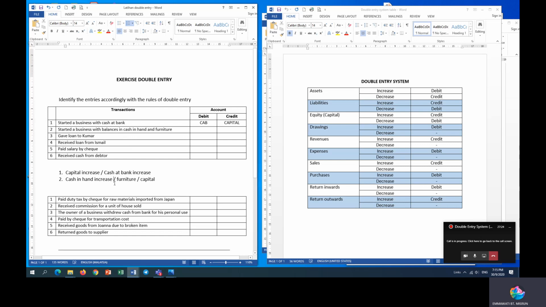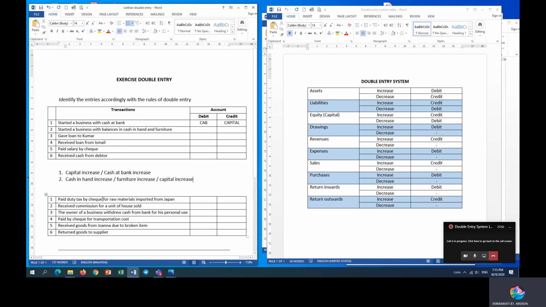Jadi bila awak nak rekodkan catatan pada bulan Februari daripada baki-baki tersebut, maka ia menyebabkan cash in hand awak bertambah, increase. Same goes to your furniture increase. And same goes to your capital increase.